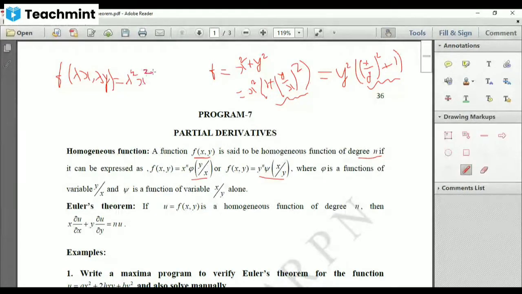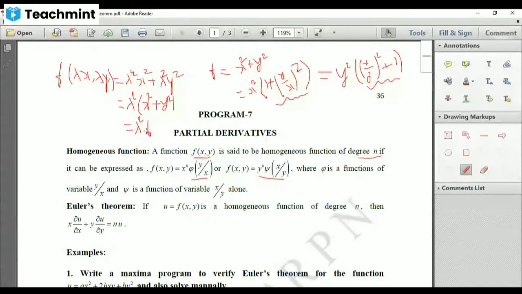Lambda square into x square plus the second one will become lambda square into y square. Right? So in both of them, what is the maximum power of lambda that is common? It is lambda square. So let me take out lambda square outside. Then you'll get lambda square into x square plus y square. But what is your x square plus y square? That is your given function f. So I can write this as lambda square into f of xy.